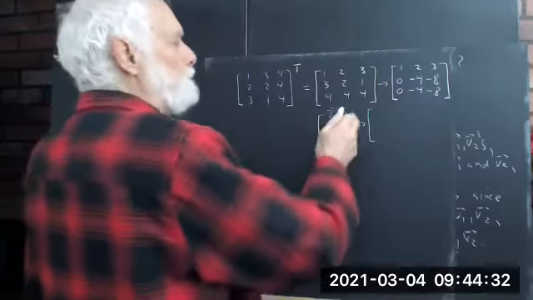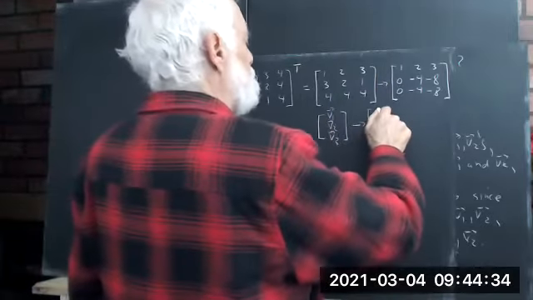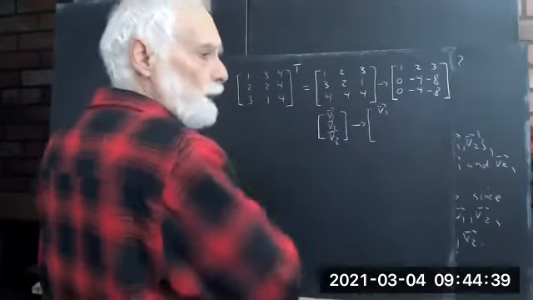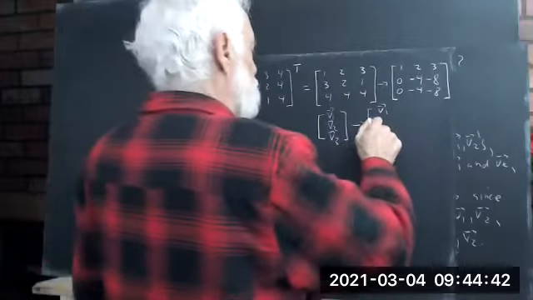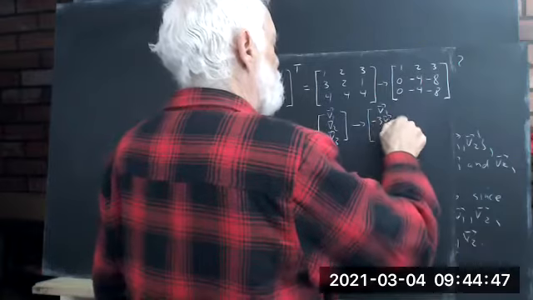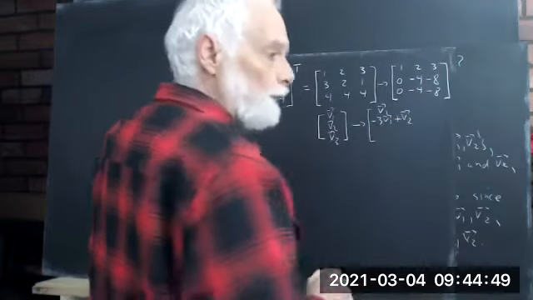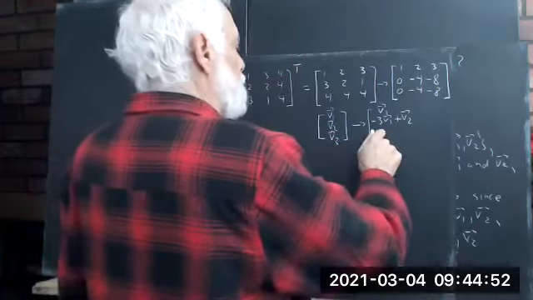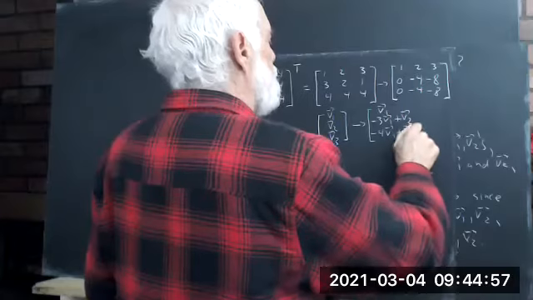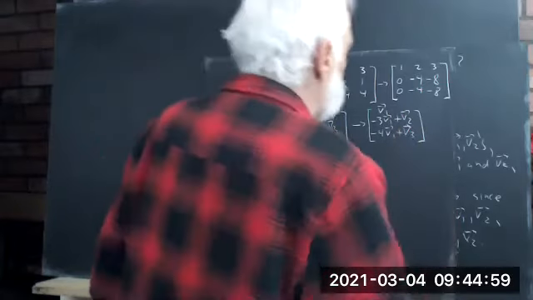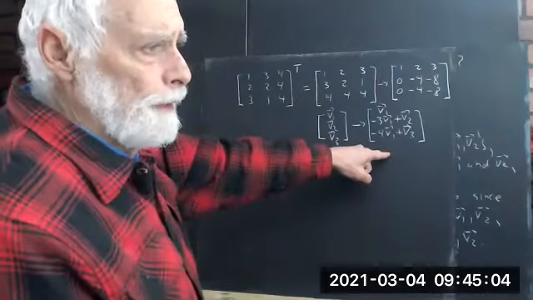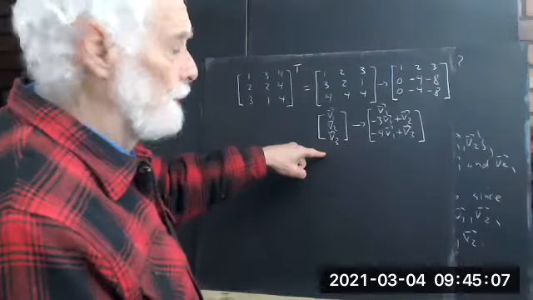Here we added -3 times V1 to V2, so this is -3 V1 plus V2. And then we have -4 V1 plus V3. These vectors are all linear combinations of these vectors.